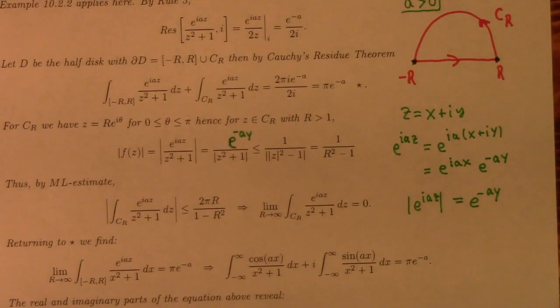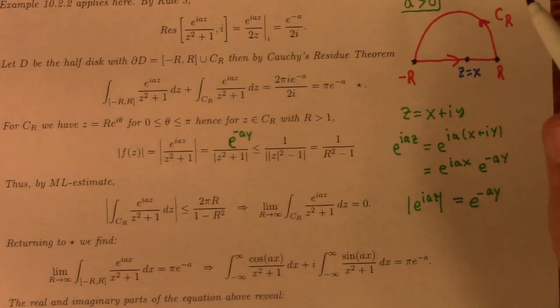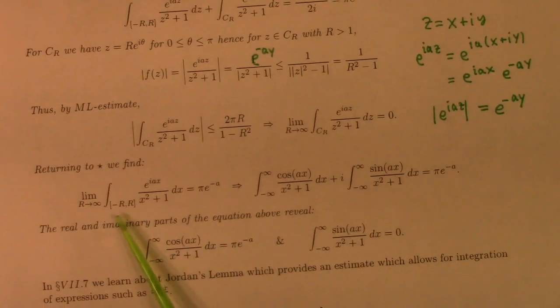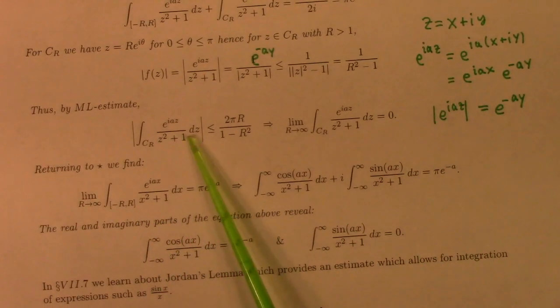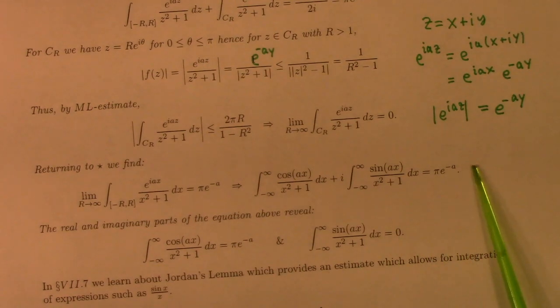On this right here, we've got z equals x, and so putting it in, doing the integral on the diameter gives us this, which then, looking at the real parts matching, gives us the integral of cosine over x squared plus 1 equals pi e to the minus a, and the sine integral apparently is 0 because there's no imaginary part over here. So it's a twofer. By doing this one complex integral, we get two real integrals.